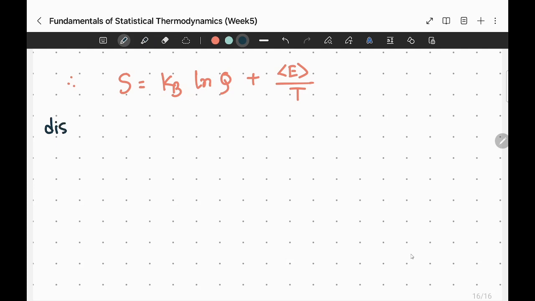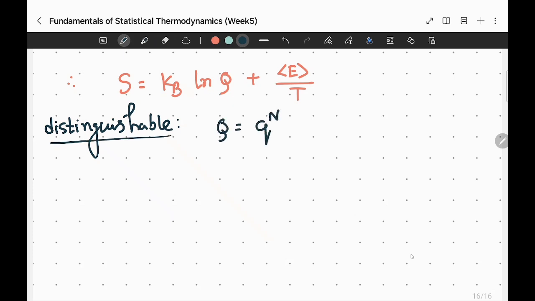So if it is distinguishable, then Q will be q to the power n. And this E average we have already calculated, right? What was that? 4RT divided by T. So S will be kB times ln Q, that is n ln q.